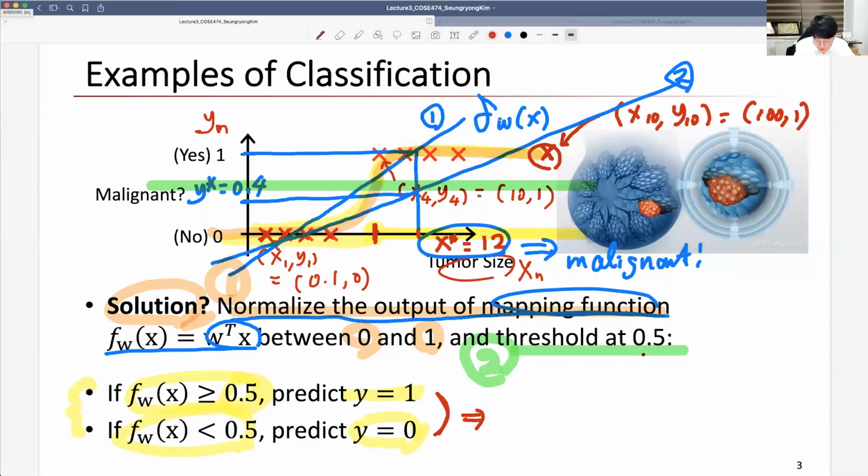So this is the strategy of the logistic regression technique, or classification technique.